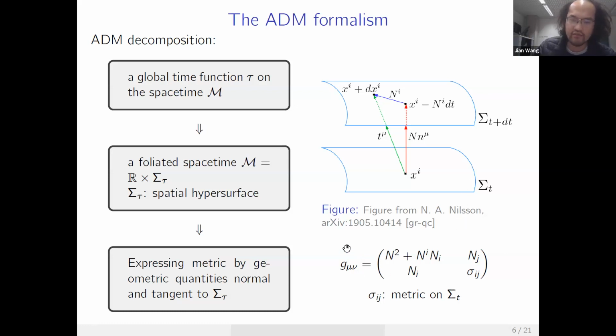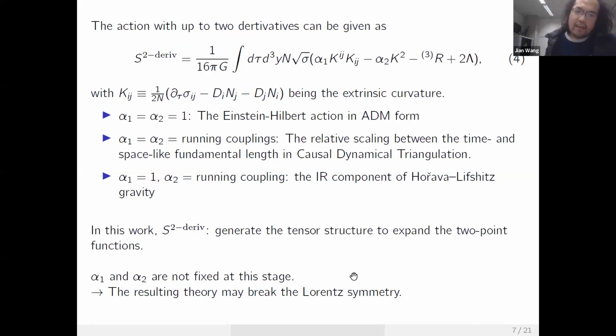Then after we have this 3+1 decomposition of the metric, we can write down the action of the theory. In this talk, we will just focus on the theory with at most two derivatives, which can be given in this way. Here K is the extrinsic curvature, and R3 is the intrinsic curvature defined on the spatial hypersurface.